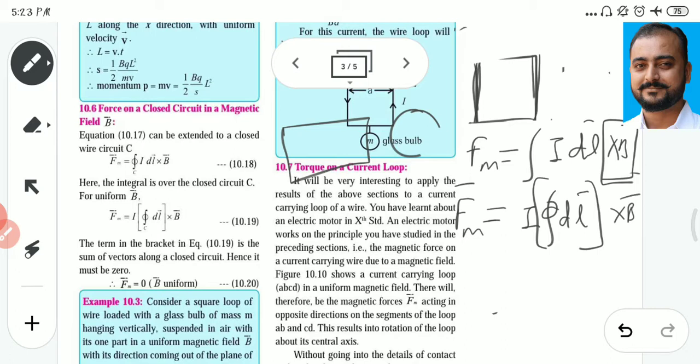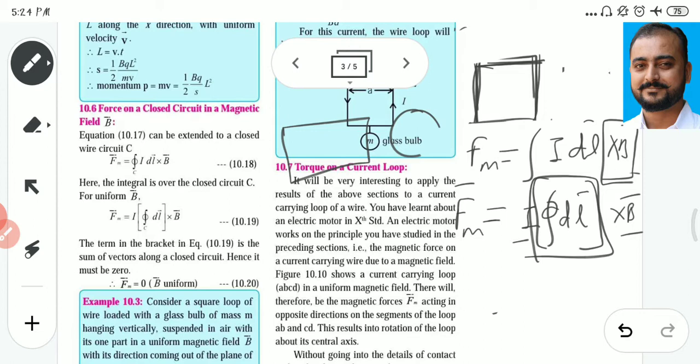If the magnetic field is uniform, it means B and I are not changeable, only there is a change due to the length of the wire.